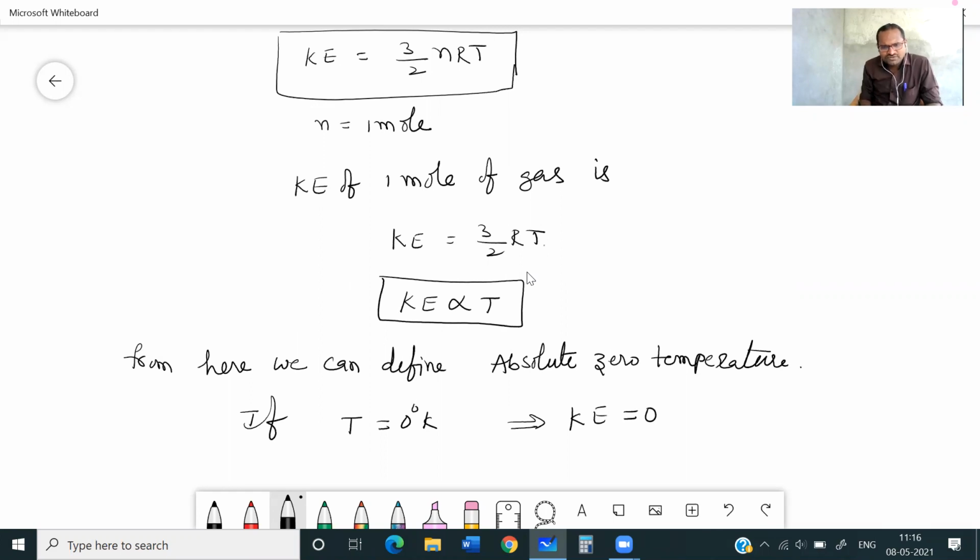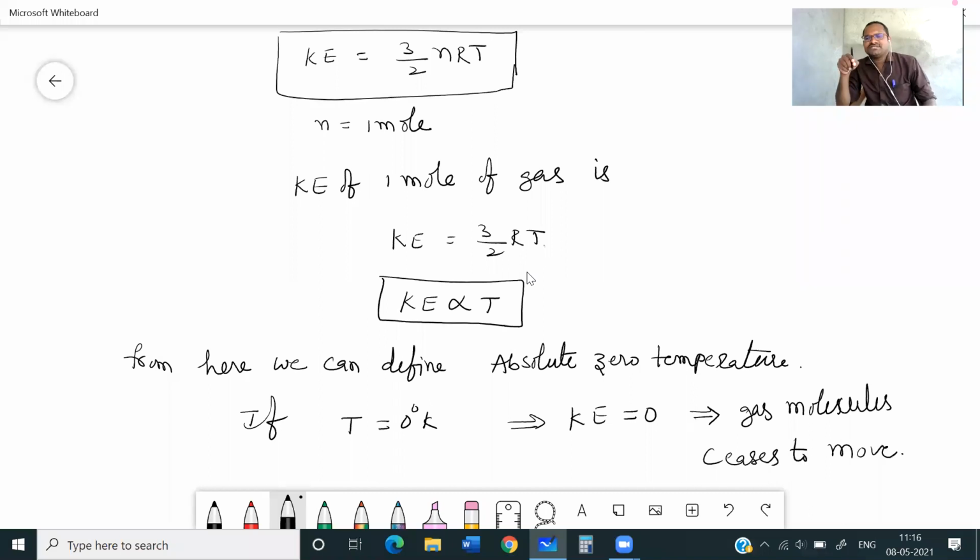Here keep T is equal to 0, everything will become 0. If kinetic energy of gas molecules is 0, that implies gas molecules cease to move. Means they will not move. That temperature is called absolute zero temperature.